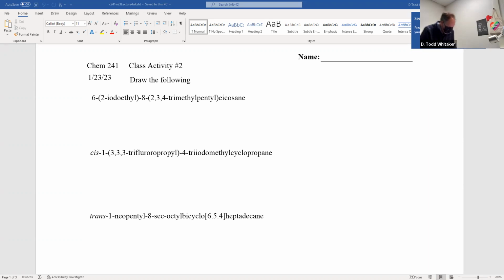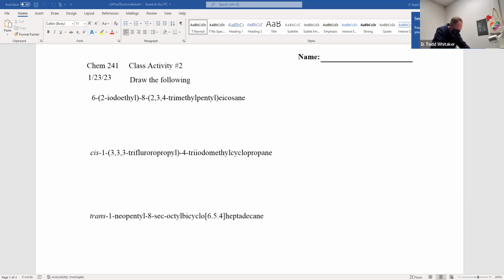What's our strategy for doing a sec group? Green was a bad choice because my dots aren't sticking out anymore. There they are. I'm going to draw 7 in a row. 2, 3, 4, 5, 6, 7. Where's the 8th go? I need 8 in an octyl group. Where's the 8th carbon go? Off the first one you attach to the chain.